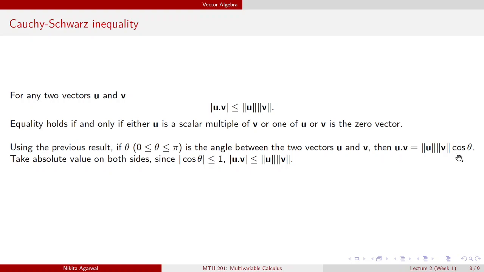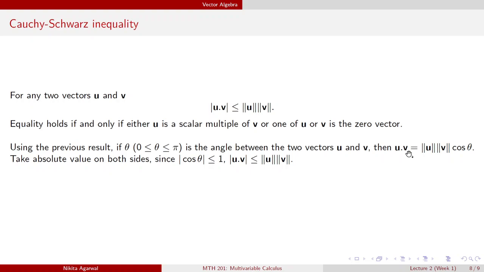But mod of cos theta is less than or equal to 1. Therefore, mod of u dot v is less than or equal to norm u norm v. So I will write this intermediate step in the notes. But what we are using really is to take modulus on both sides and use the fact that mod of cosine theta is less than or equal to 1. So you get this inequality.